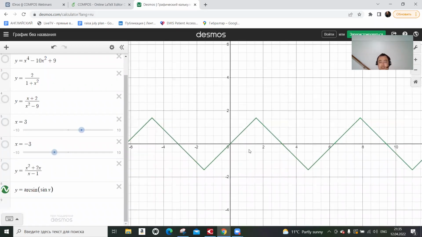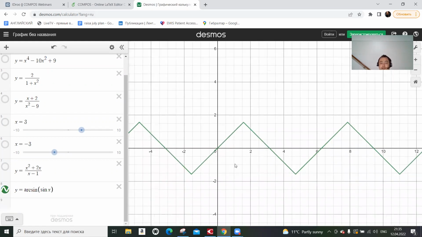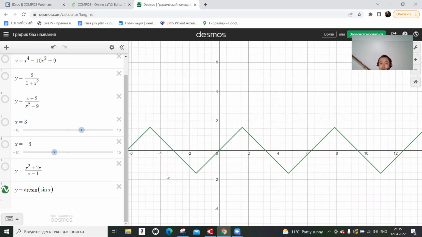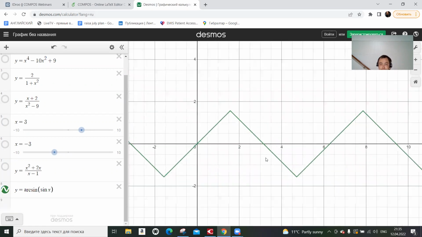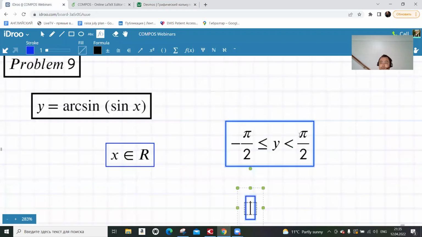So what you need to notice is that this graph is periodic, and this is the shape of the graph. You can find the period. The period is 2 pi in this case. So you just find the shape of the graph on the first cycle, and then you copy that cycle over.